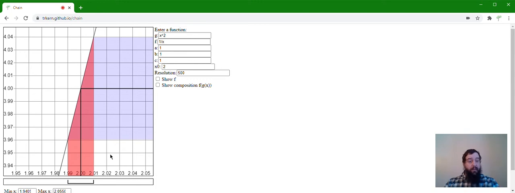And because we've zoomed in by a factor of 10, the y equals x squared, the original graph here, looks even more like a line, and the ratio of this rise over run, the size of the output interval over the size of the input interval, gets even closer to the exact value of 4.